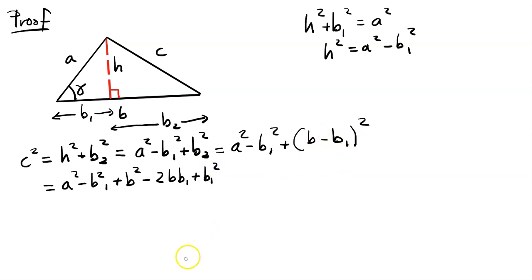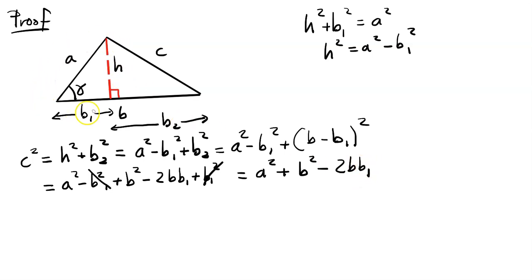So now I have just written the square of a difference. Now we see that this cancels to that, so we are left with this.